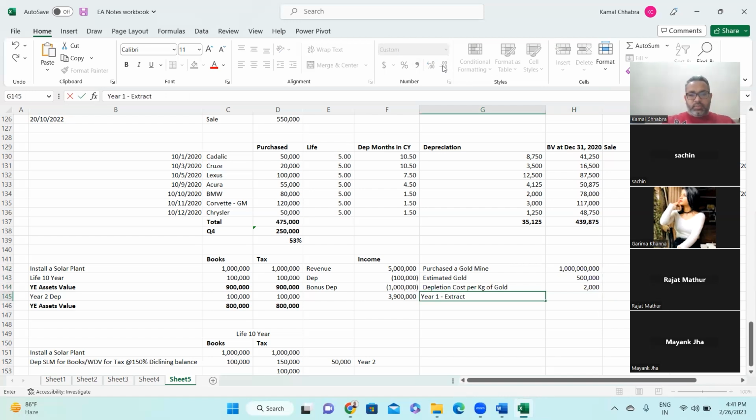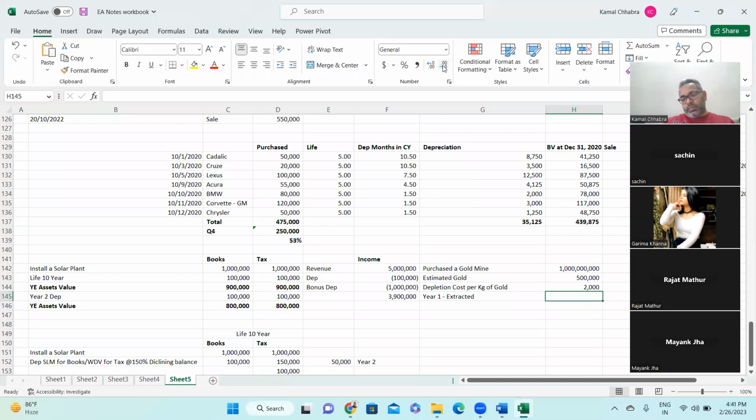So in year one, let's assume you have extracted 50,000 kg. In year one, how much is the depletion cost? 2,000 multiplied by 50,000.